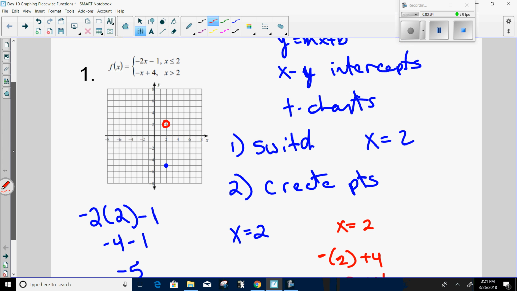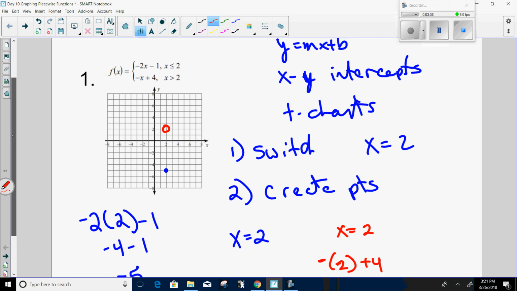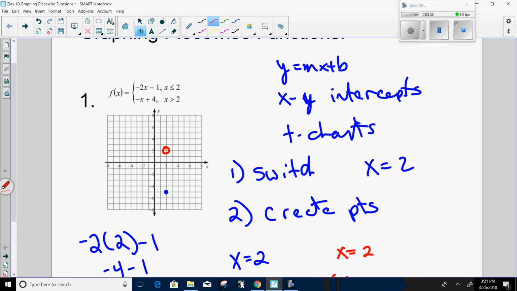Then you can use t-charts, you can do all kinds of stuff. What I'm going to do is use my slope and my y-intercept. For slope, you just need a starting point, and here I have a starting point from this one. This is from the top equation, the blue line, and this slope is -2. But this blue line only exists left of 2.